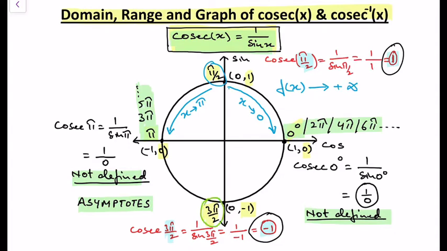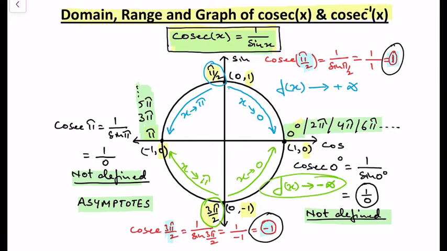Now from 3 pi by 2, if x is approaching towards 0 or 2 pi, or it is approaching towards pi, then fx will be approaching towards negative infinity, because in the third and fourth quadrant cosec x is negative.